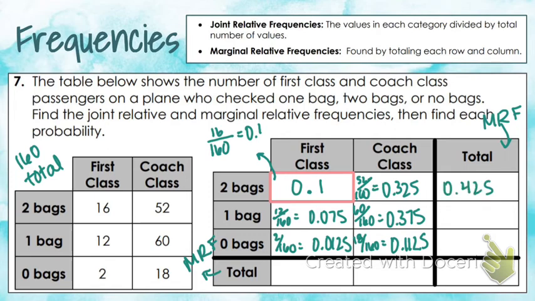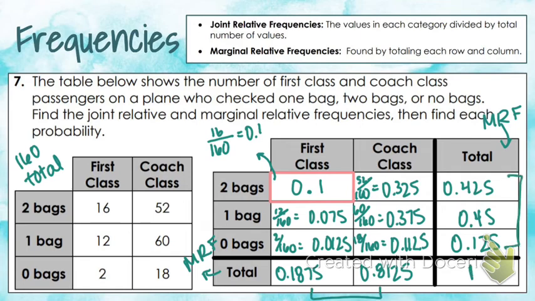When we add across the next row, we get 0.45. Then we get 0.125. Now when we add our columns, we get 0.1875 and 0.8125. If we did this correctly, these should add up to 1 and these should add up to 1. And that's how you know you did it accurately. So the total number of all the frequencies should equal 1.